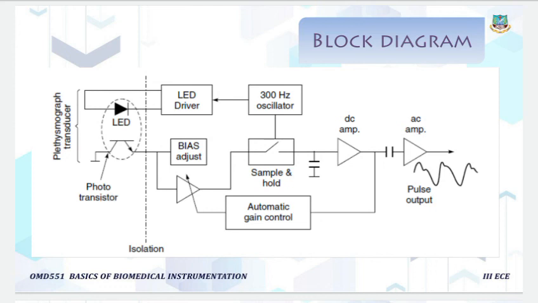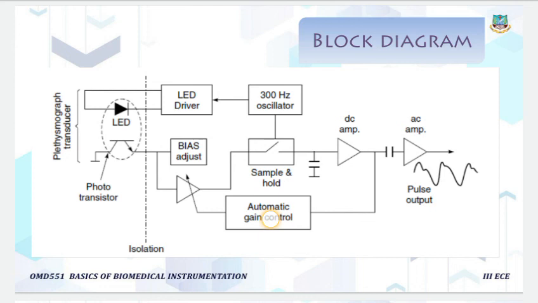The electrical signal obtained from this phototransistor is amplified, and its peak value is sampled and filtered. This is the automatic gain control circuit.